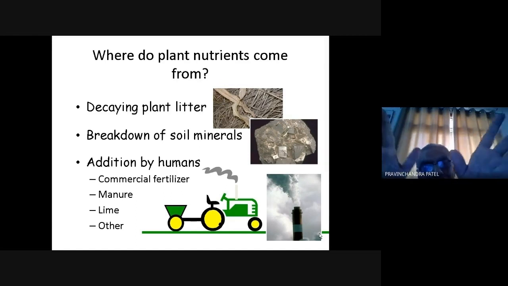So that has decayed and converted into organic matter. Also the breakdown of soil minerals, plant litter, then addition by humans. Humans are adding commercial fertilizer, manure, lime and other things. So we can improve the soil fertility.